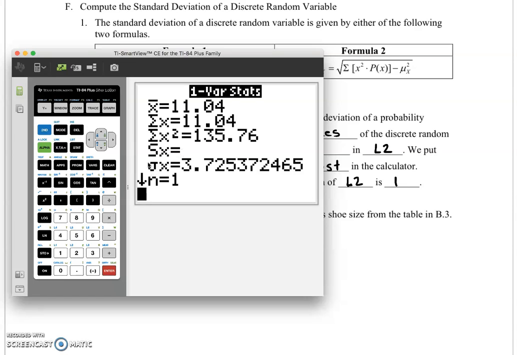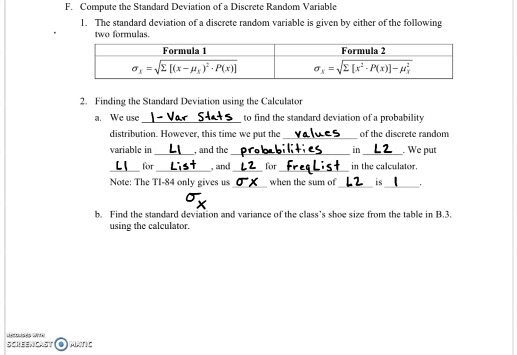This time we only have sigma x again because we have a population here. So our standard deviation is 3.73. Let's just round to 2 decimal places. Remember, Pearson will tell you how many to round to normally.